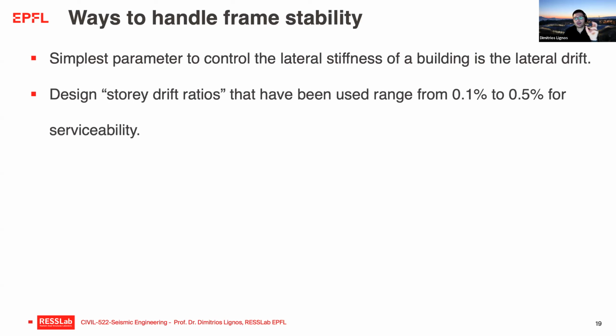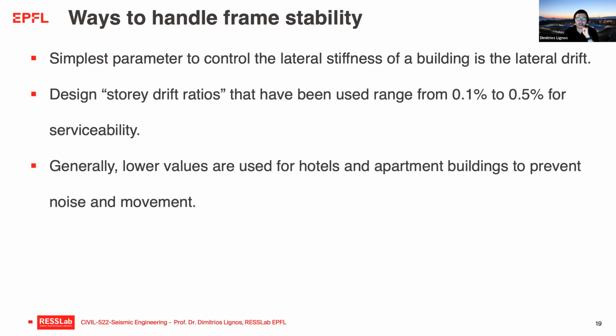So design story drift ratios that have been used range from 0.1% to 0.5% of the story height, and that is used for serviceability purposes. Generally, lower values are used for hotels and apartment buildings to prevent noise and movement in case you have an earthquake that is not very large, but will create some disturbance.